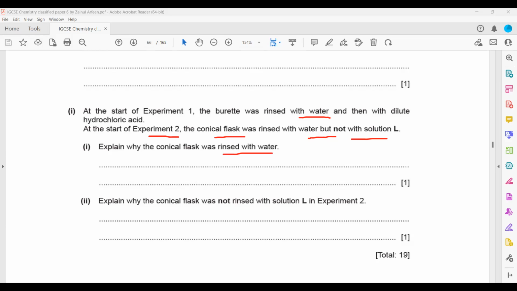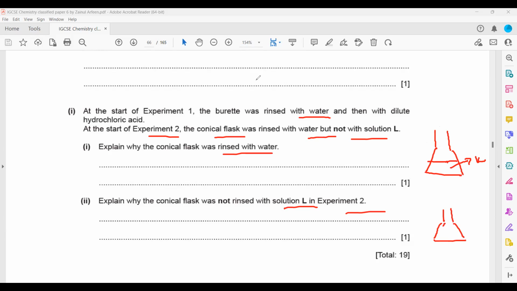And why was the conical flask not rinsed with solution L in experiment 2? Both times we rinse with water. So what might be a reason for that? Not about the reaction; in the question they mentioned that we did the first experiment with K. When we finished the first experiment, we rinsed the conical flask with water.